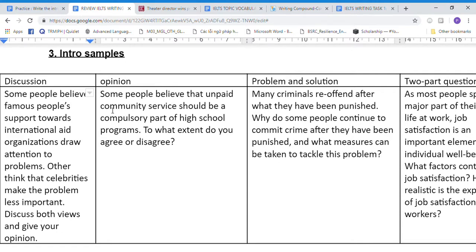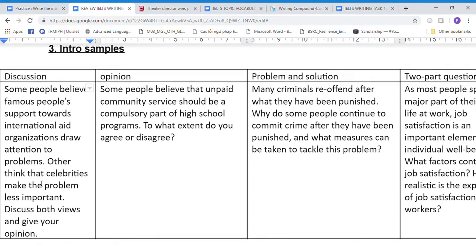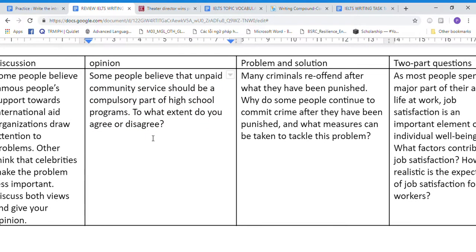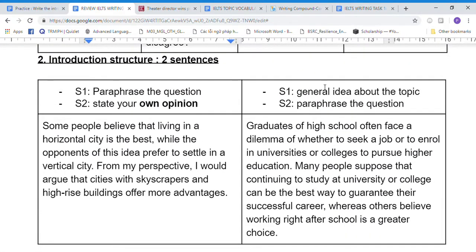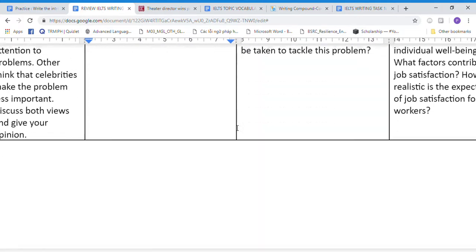Lưu ý là chỗ này có opinion nhưng không phải là ở dạng opinion. Cái phân dạng này thì có ích nhiều hơn cho phần body paragraphs, còn cho phần introduction thì cũng không có phân hóa nhiều, bởi vì nó chỉ có 2 cách để viết mở bài.